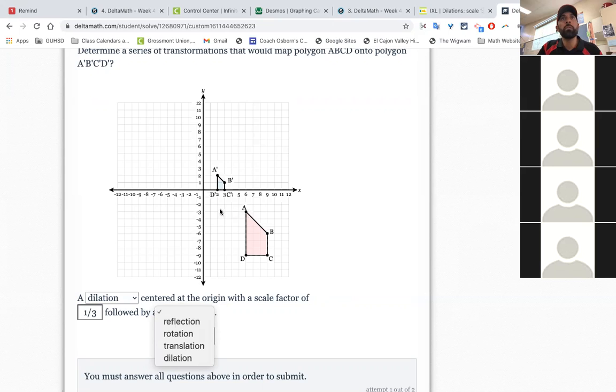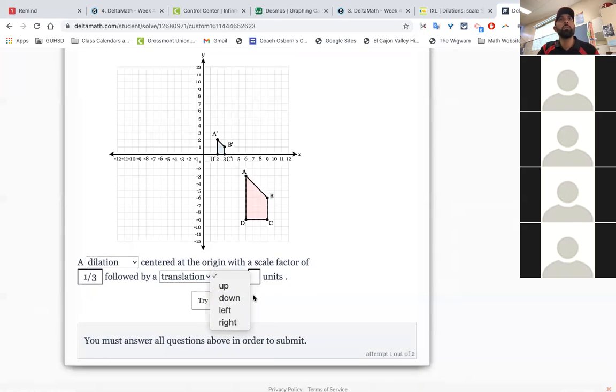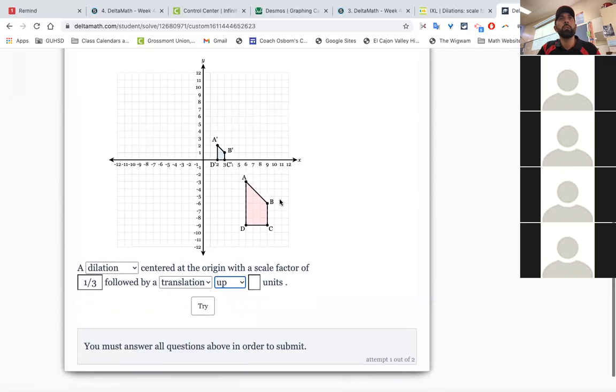We're going to go over 4, and then up 1, 2, 3, 4, 5. So translation.